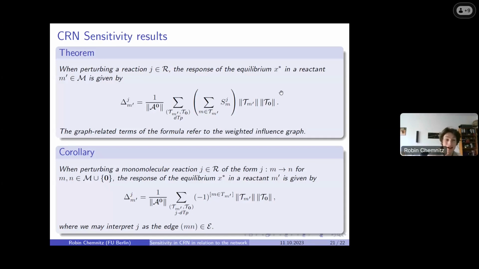And the other nice thing about this formula is that if you perturb two different reactions, the sensitivity will just be additive, since you just have the derivatives.